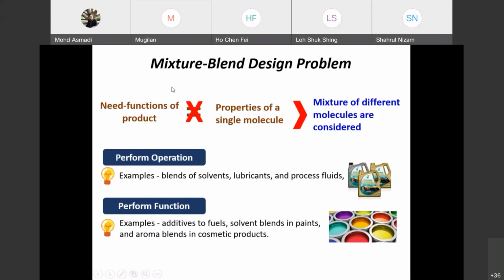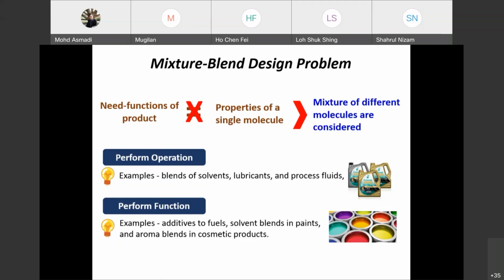Meaning that the need functions are not matched with the properties. Properties are like pour point, pH. Need function is something that you or the customer need. So you have to design the different molecules.